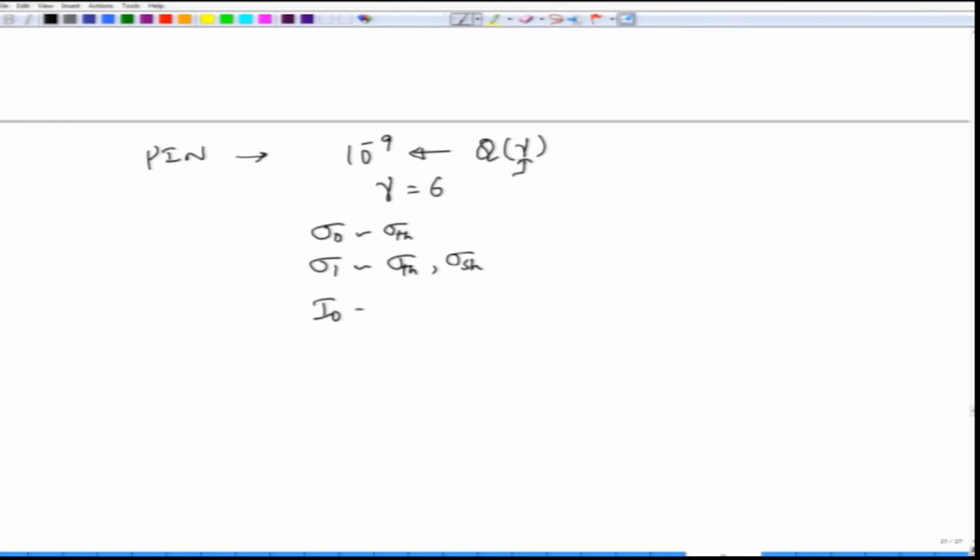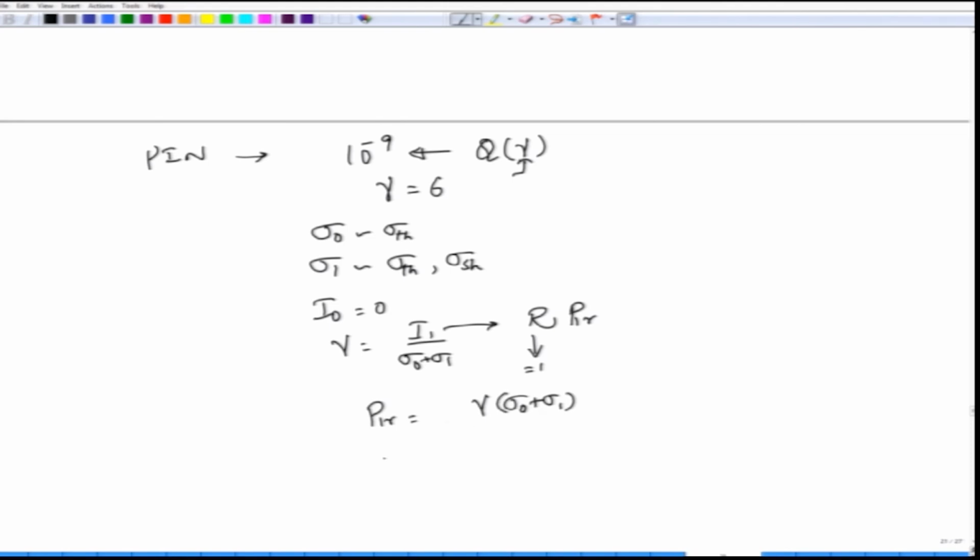Assume also that I0 is equal to 0 just for purposes of simplicity. Then the gamma factor is I1 divided by sigma 0 plus sigma 1, and I1 is nothing but R P1R. You can go back and assume that R is equal to 1, an ideal scenario, then the required received power should be gamma times sigma 0 plus sigma 1.